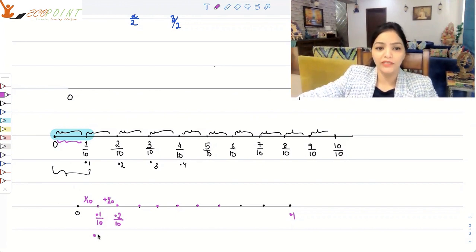So you have 0.01, 0.02, then 0.03, 0.04, and so on and so forth. That will make it 0.1.